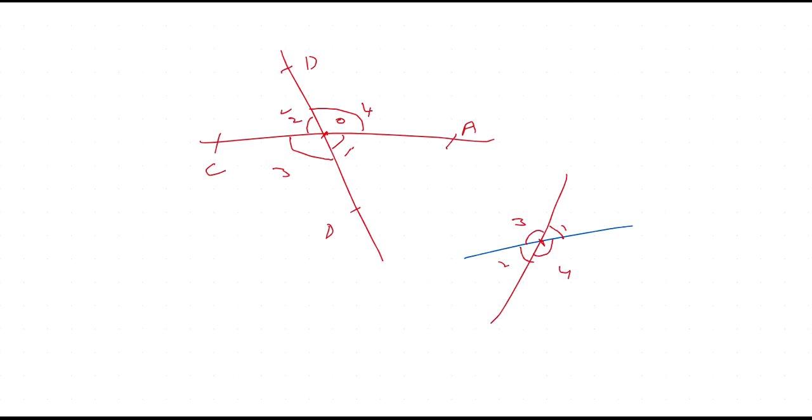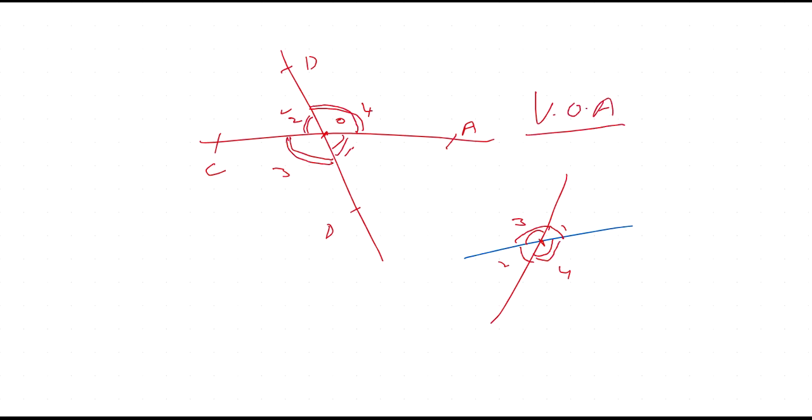Angle 3 and angle 4 are equal. They are called vertically opposite angles. All of you study vertically opposite angles. VOA. Vertically opposite angles.